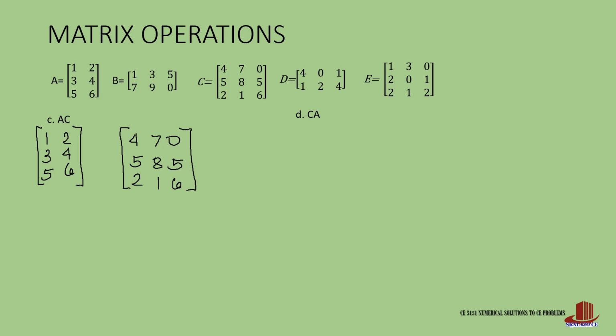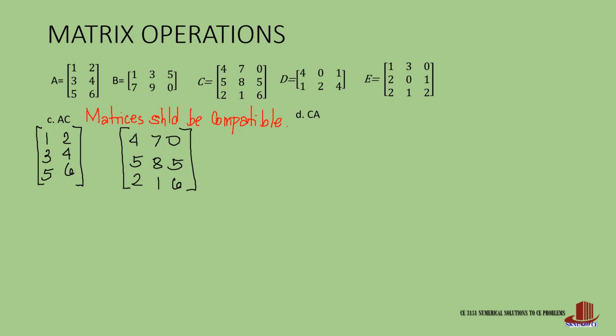The rule for multiplication would be to check if matrices are compatible. Take note that this is not equivalence, but compatibility of matrices.